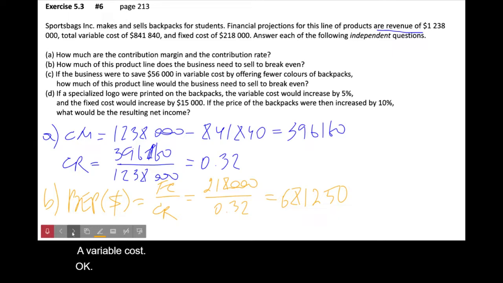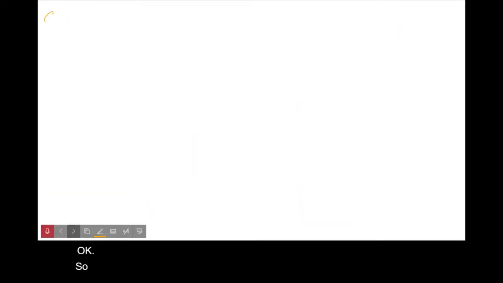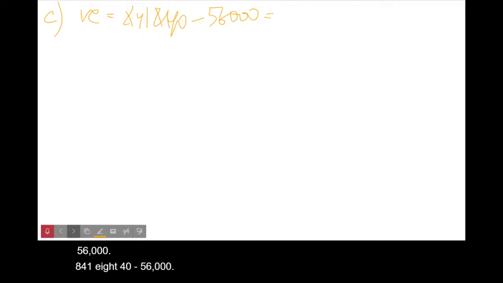So C, variable cost changed: 841,840 minus 56,000, which is 785,840.